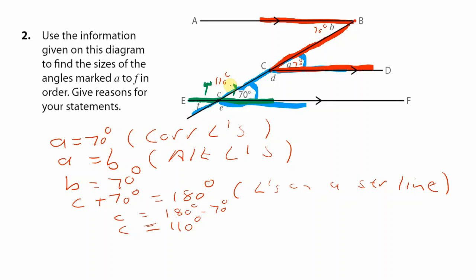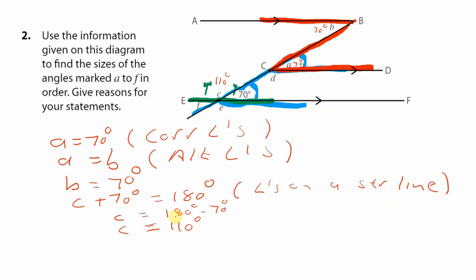And we know co-interior angles need to add up to 180. So you could also say B plus C must be equal to 180, but we already know B is 70, so therefore C must be 110 degrees. So you will get the same answer by using the co-interior angles. So that is an alternative that you could have used.